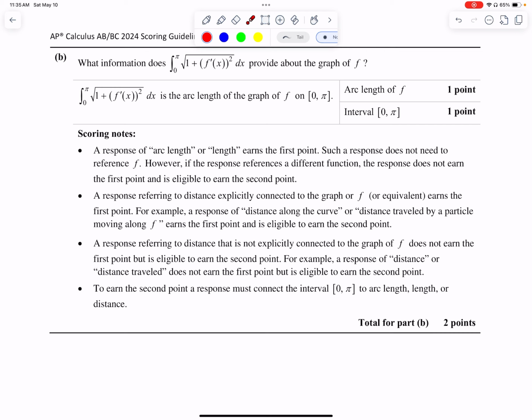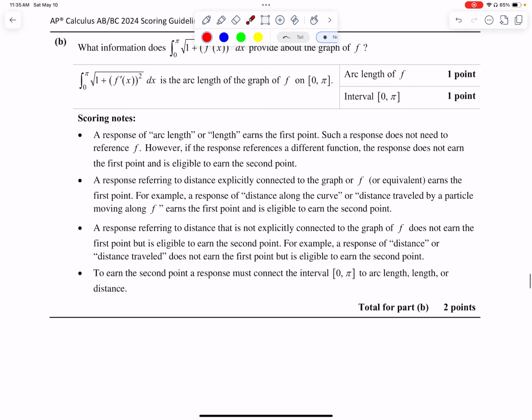So scoring notes, a response of arc length or length earns the first point. Such a response does not need to reference f. However, if a response references a different function, the response does not earn the first point. Well, obviously, okay. A response referring to distance explicitly connected to the graph of f earns the first point, blah, blah, blah.